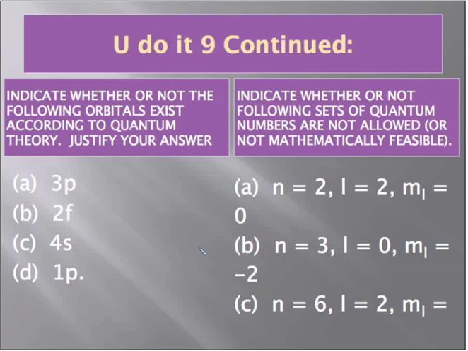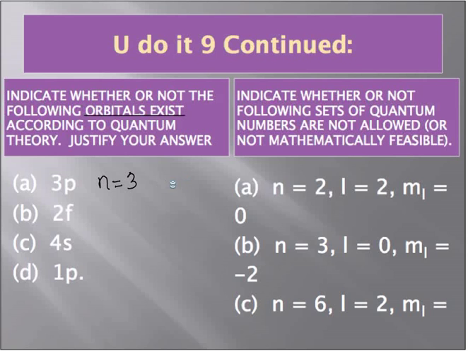Now let's look at a few more of these before we shut this video off. We want to take a look and evaluate whether these orbitals exist. So will they exist in a way that allows our attractions to be maximized and our repulsions to be minimized? So for this one, n is equal to 3.